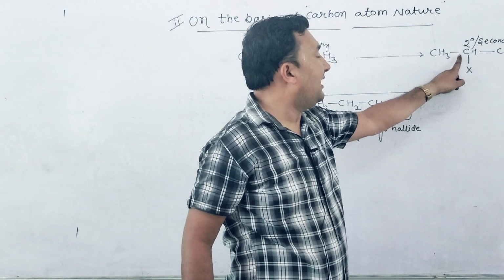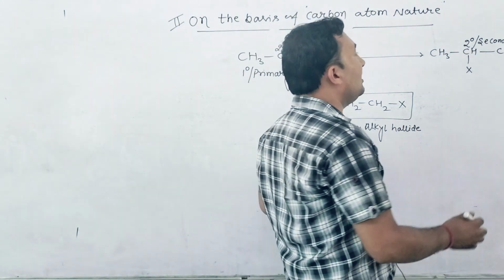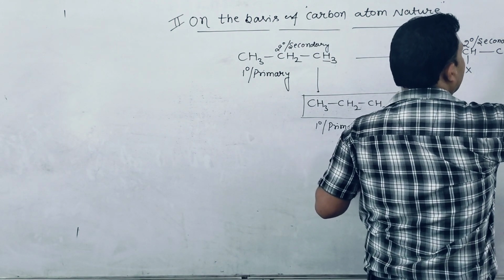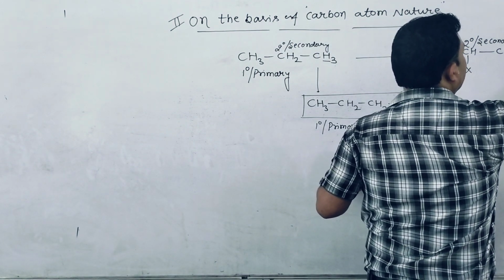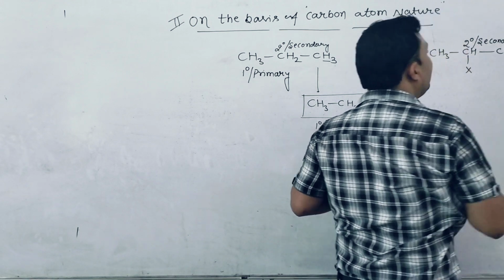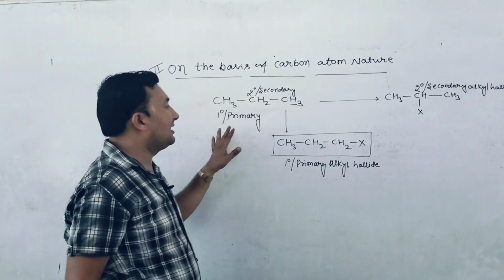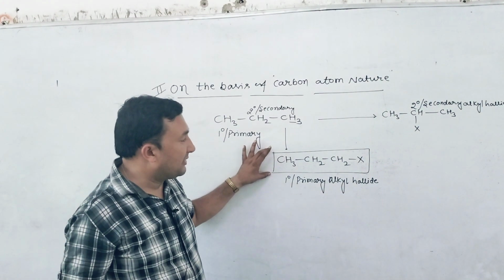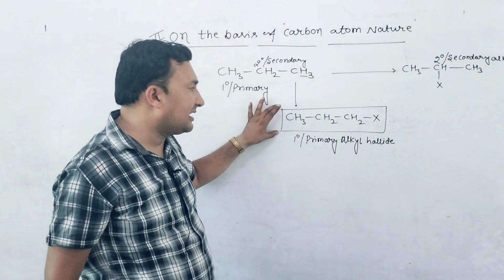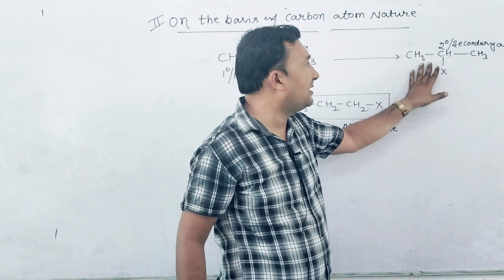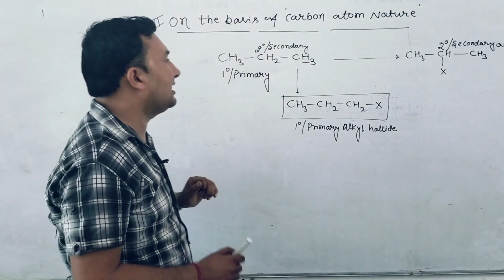And if halogen is attached to that, we call it 2 degree or secondary alkyl halide. So dear students, it's very easy to understand. If halogen is attached to primary carbon, then we call it primary alkyl halide. If it is attached to 2 degree carbon or secondary carbon, it is 2 degree alkyl halide.